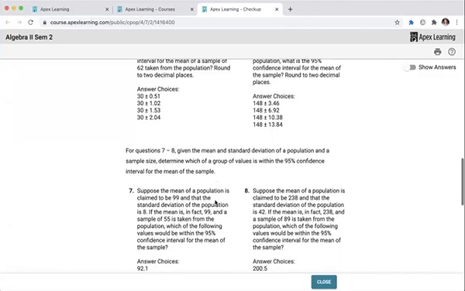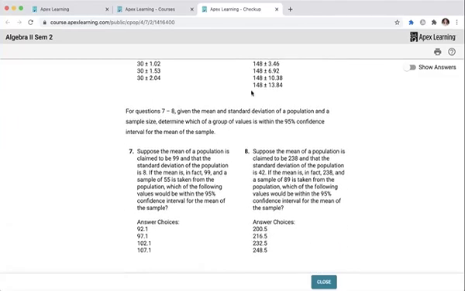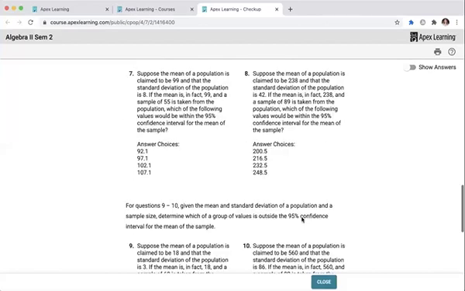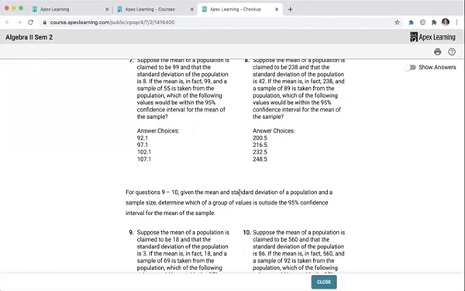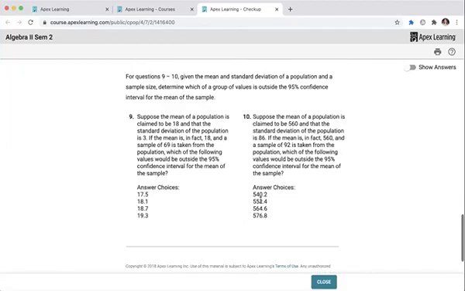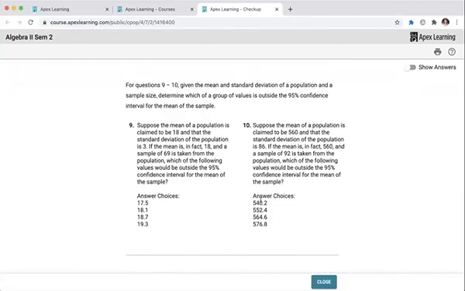All right, and then finally, given the mean and standard deviation and the sample size, determine which group is within the confidence interval, right? So doing that calculation and then figuring out which is inside that 95% confidence interval. And of course, doing the same thing here, except we're looking for which ones are outside of the confidence interval.